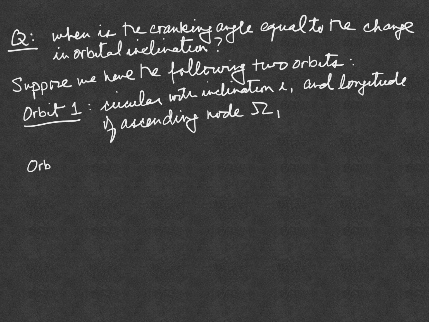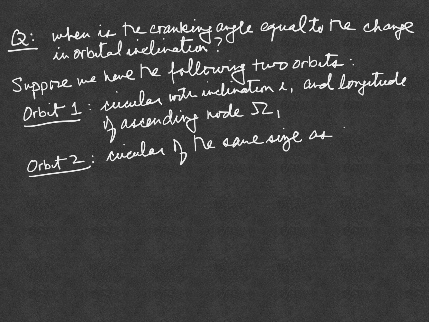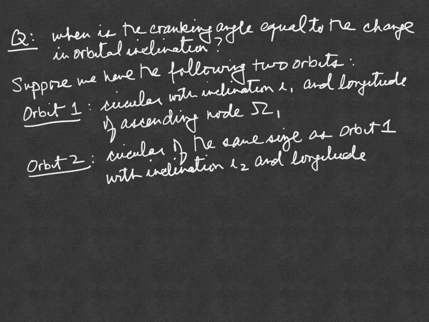Orbit 2 is circular, of the same size as orbit 1, with inclination I2 and longitude of ascending node omega 2.